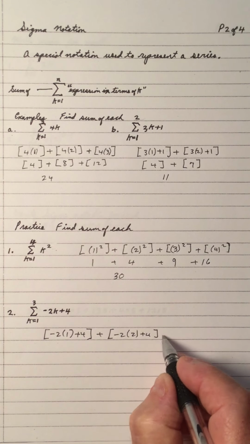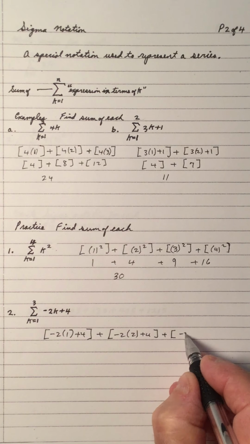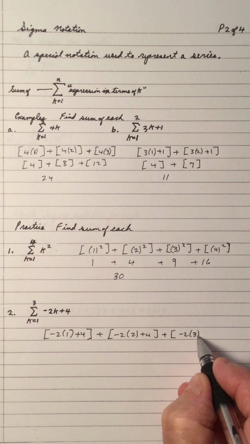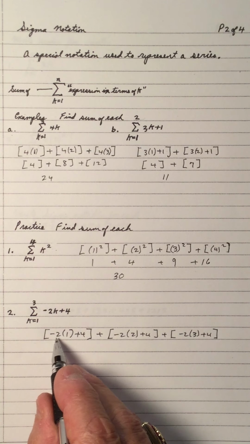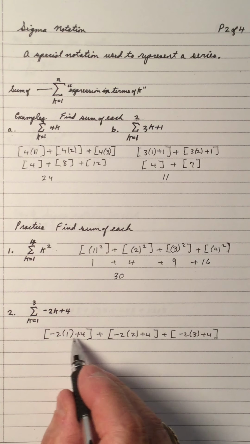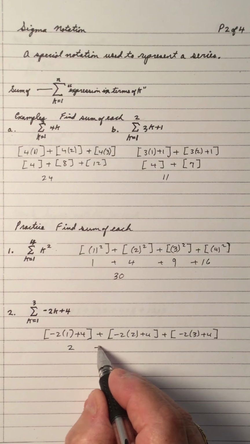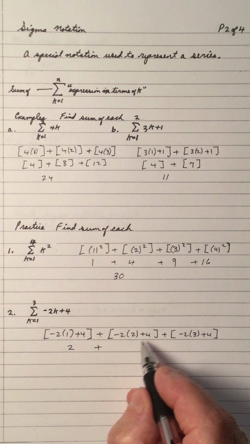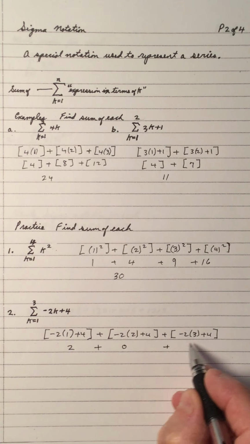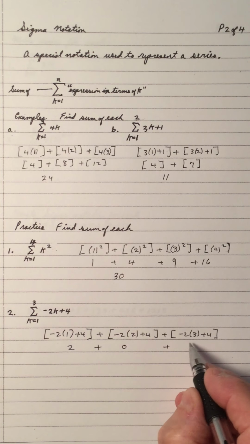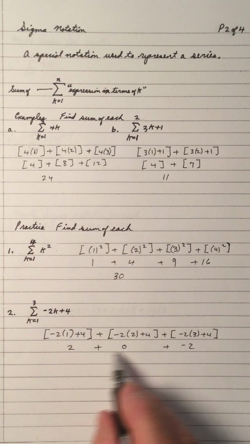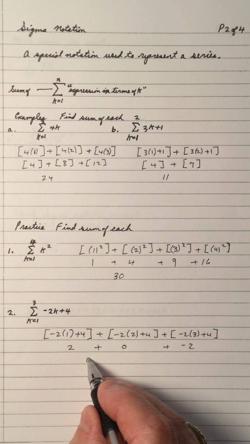And now I'm going to substitute K is 3. And I'll work each of these out. We multiply before we add. Negative 2 plus 4 is 2. Add on. Negative 4 plus 4 is 0. And negative 6 plus 4 is negative 2. Add it up, and I get a sum of 0.